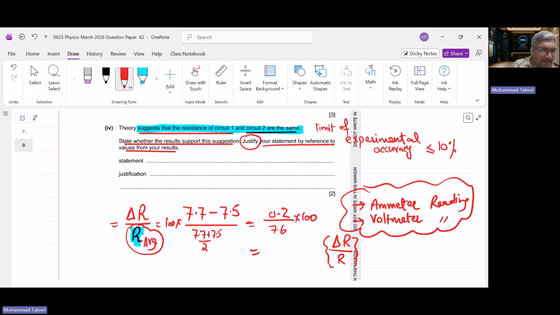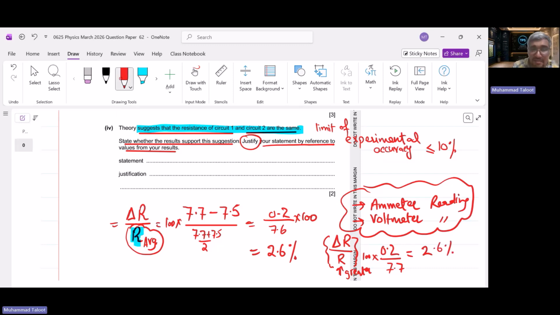So let me calculate this. 0.2 multiplied by 100 divided by 7.6 is going to be 2.6%. The other way around, as I was saying, 0.2 divided by 7.7, the greater value, and multiplying by 100, you will get the same answer.